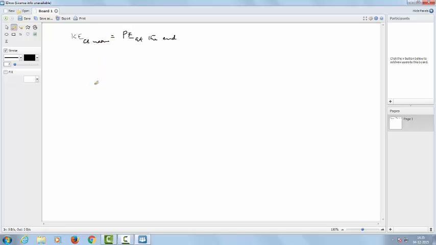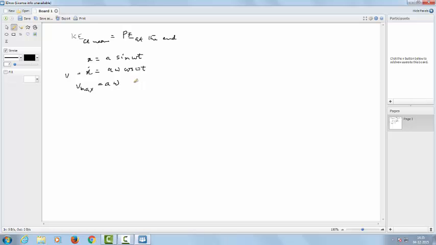Now as x is equal to a sine omega t, velocity x dot is equal to a into omega into cosine omega t. Now the maximum value of velocity would be equal to a times omega.